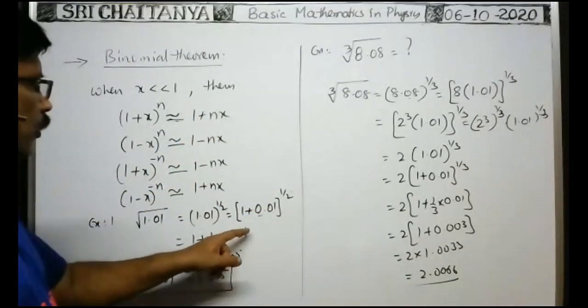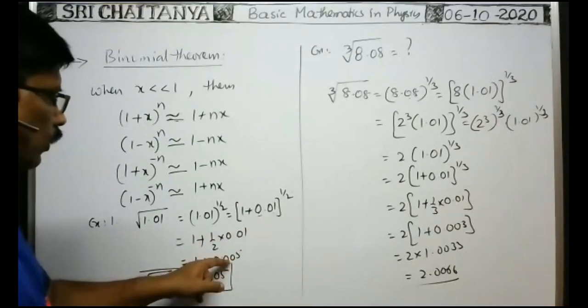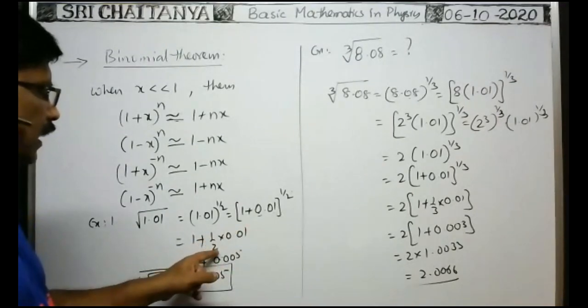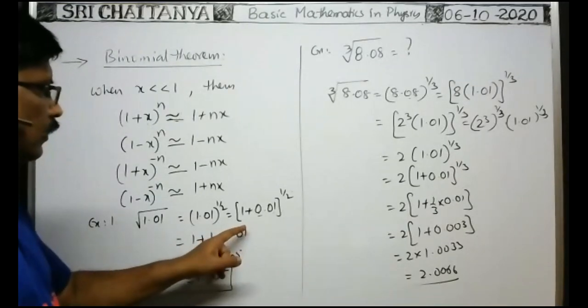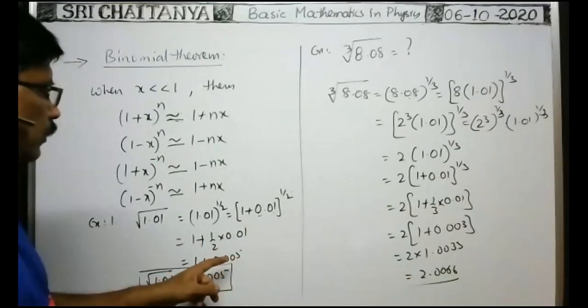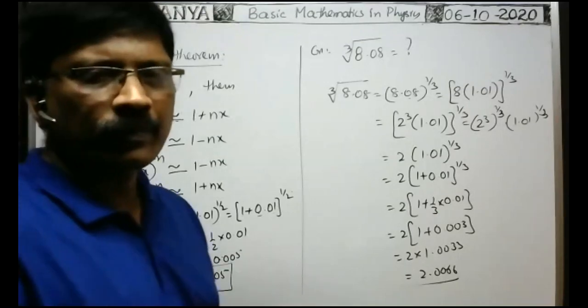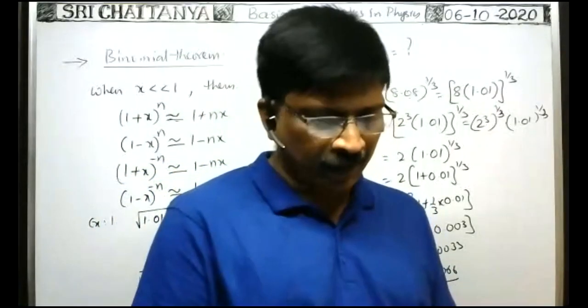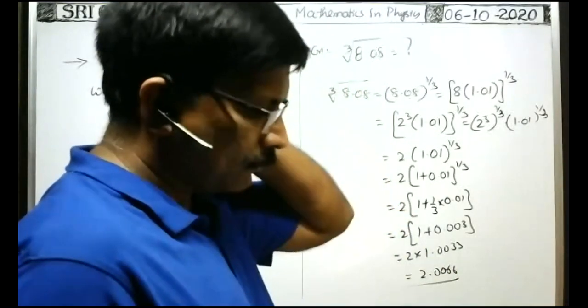So 0.01 by 2, no? 0.01 cannot be divided directly with the 2. That's why you put one more 0 so that it becomes 10. So 10 by 2 means 5. So 0.005. 1 plus 0.005 means 1.005 we can write now. Okay. So in this way we can do. I think you can do based on this.